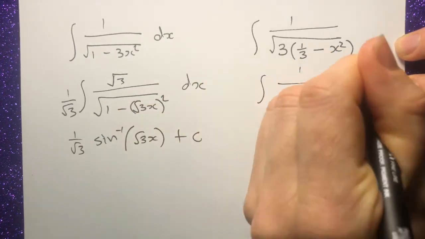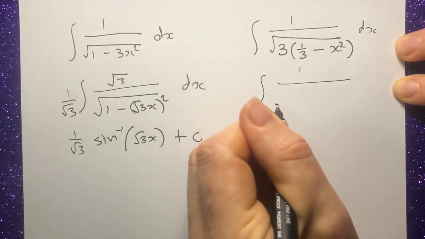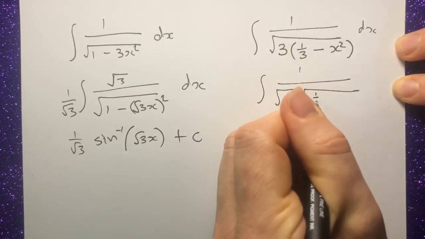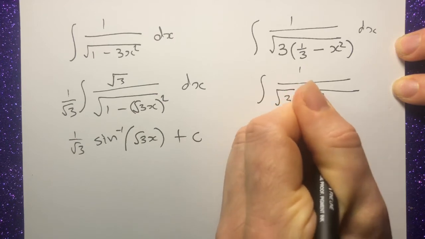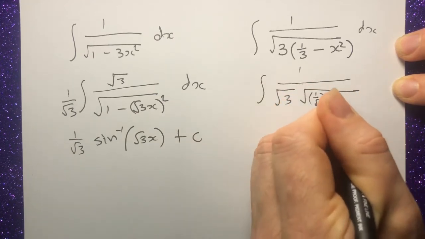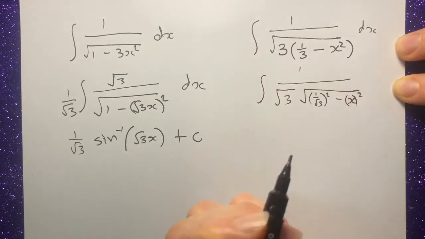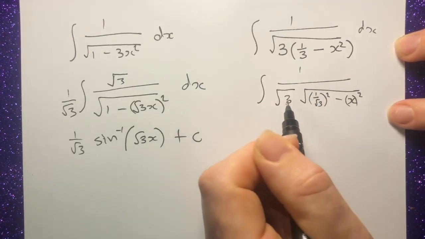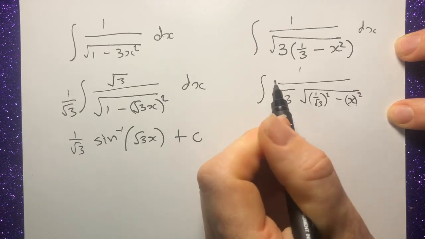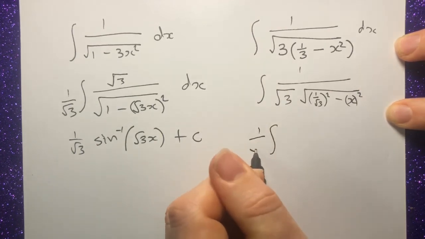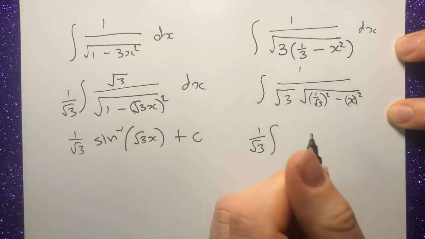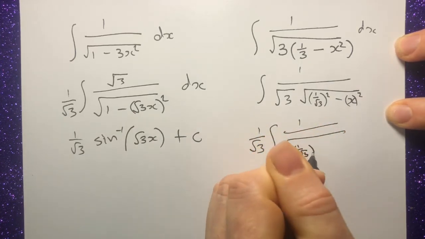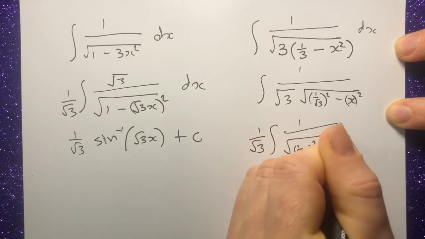That one, you always need your dx, because down the track you might be integrating with different variables. That's 1 on root 3 squared. And that one will work like that, where I don't need to put an f dash of x on top, but this 1 on root 3 can actually just come out the front because it is a factor of the whole thing. And now I have an a squared minus x squared.